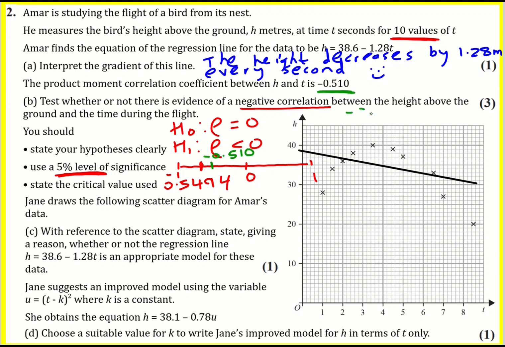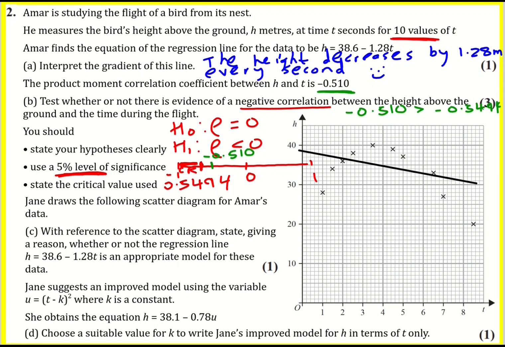So actually, I'm going to write down that minus 0.510 is not in the critical region. It's not sufficiently negative. This is greater than minus 0.5494. Let me just mark that there is the critical region, CR.